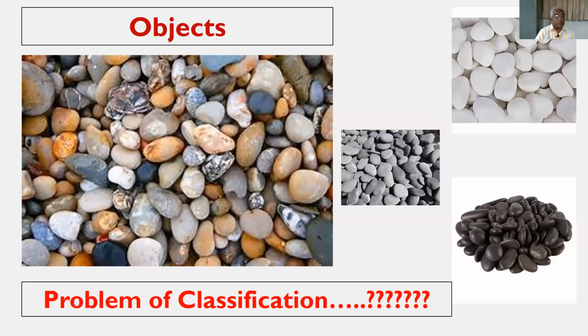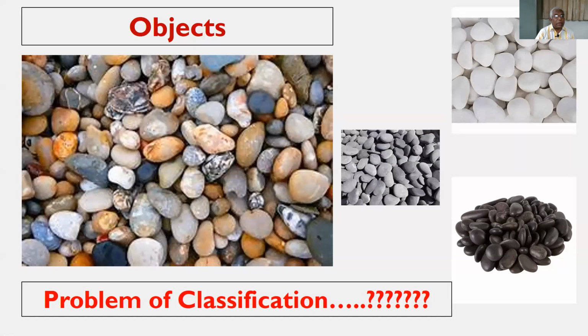And I told you that these objects are of different types. Maybe banks, maybe plants, maybe animals, maybe insects, maybe flying birds, maybe water samples, maybe blood samples, maybe humans, maybe images, maybe rocks, whatever it may be.